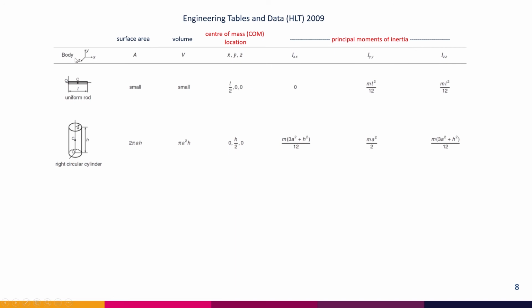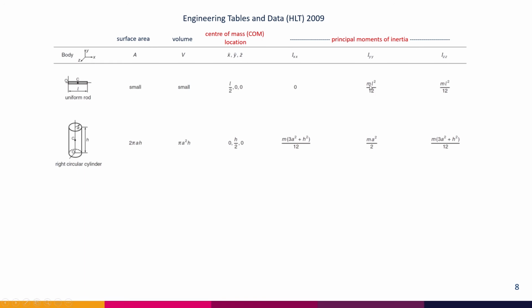So you see here, there's the body coordinate system, and then we have the surface area, the volume, the location of the center of mass in X, Y, and Z coordinates, and then what we call the principal moments of inertia about the X, the Y, and the Z axes.